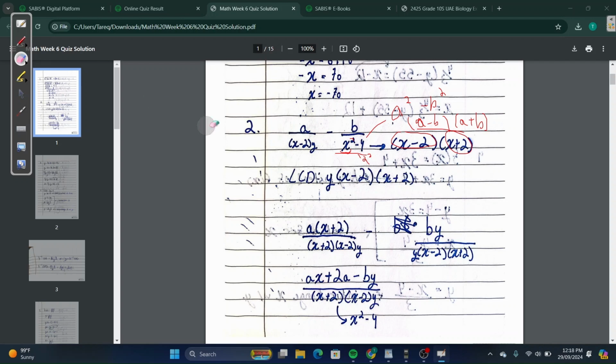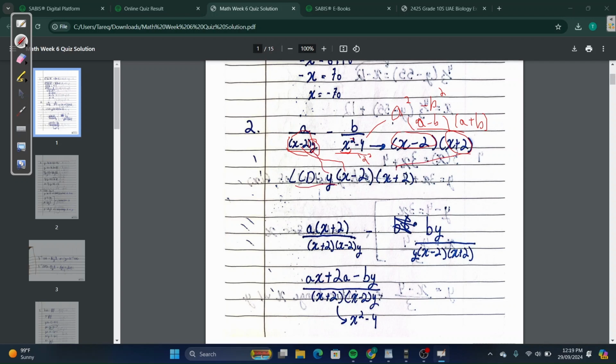Now this would mean that our LCD is going to be x minus 2y, or y x minus 2, doesn't matter, into x plus 2. Why don't I say x minus 2y multiplied by x minus 2 again? Because if it's a common factor, you only write down one of them. So either this one or this one, they're both the same either way. You write the y down because it's its own separate factor, and x plus 2.